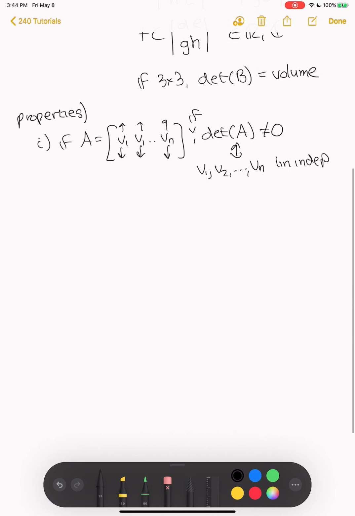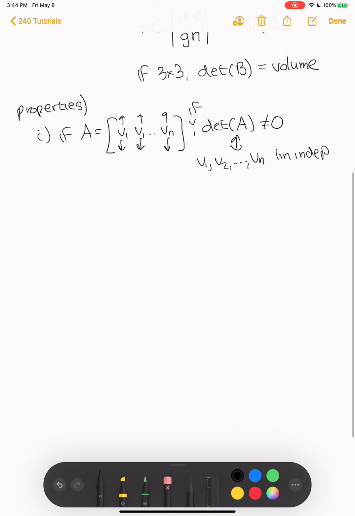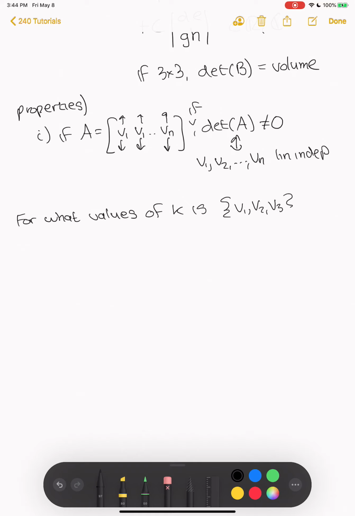So on exams and such, you might come across a problem that looks like this. You've already seen this on one of your midterms already, but for what values of k is the set v1, v2, v3 a basis for R3?